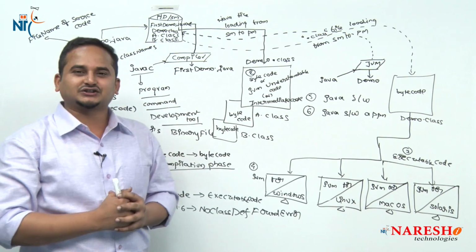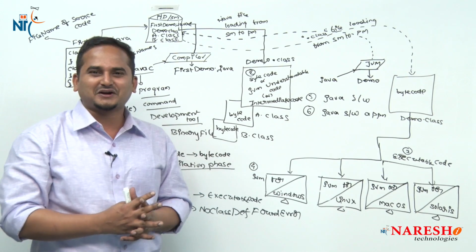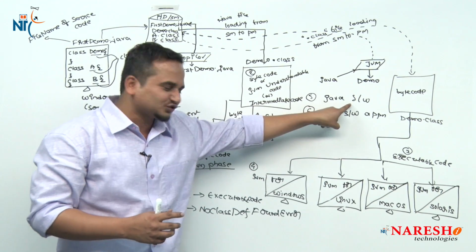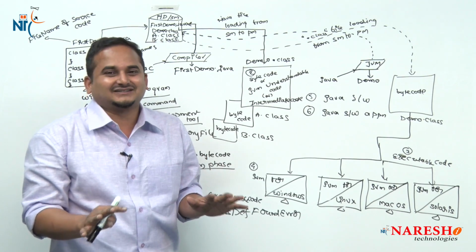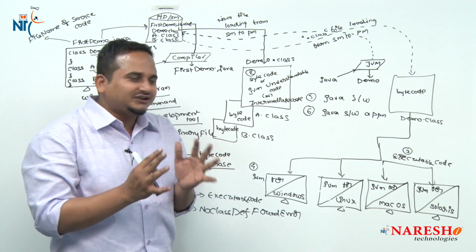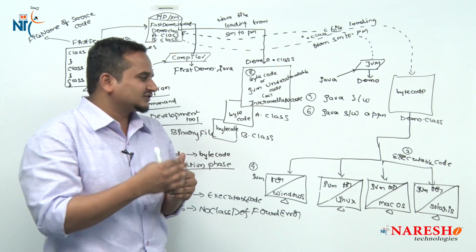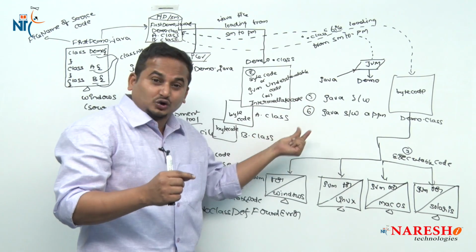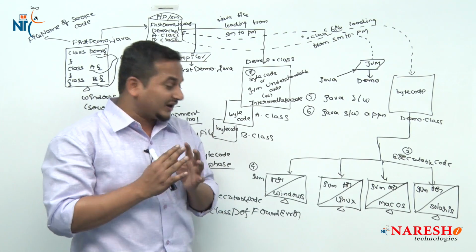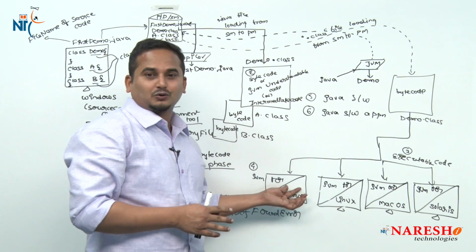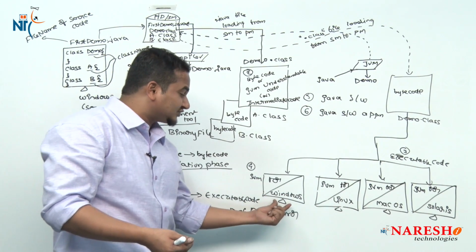Now come to the Java software. Most of the people say Java is platform independent. Is Java software really platform independent? No, it is platform dependent. The reason is we have different software for Windows, Linux, macOS, and Solaris. One Java software is not suitable for all operating systems. We require an OS suitable Java software.